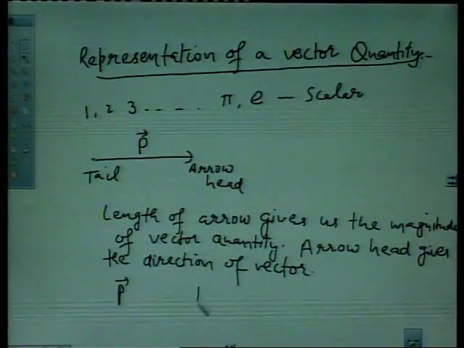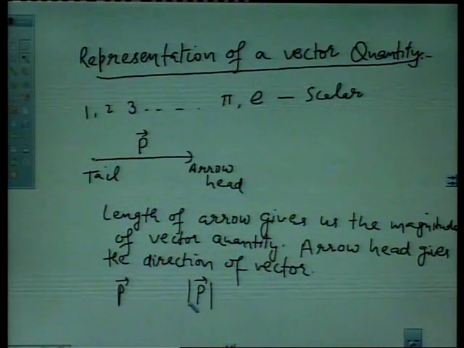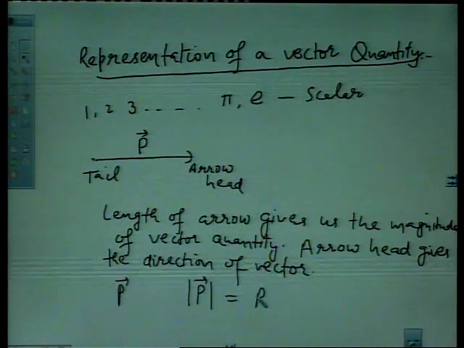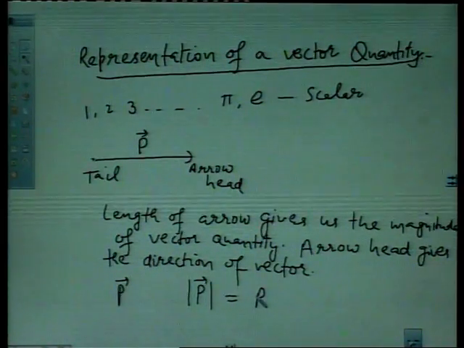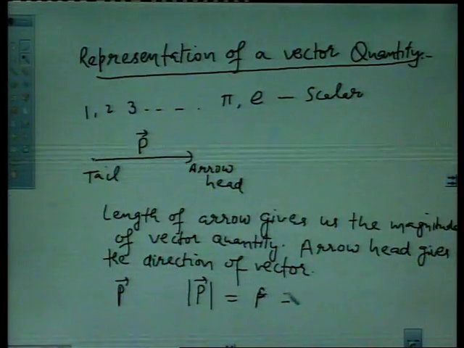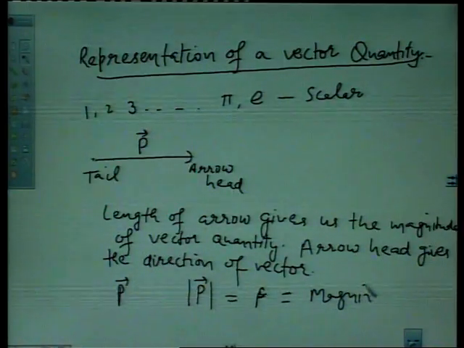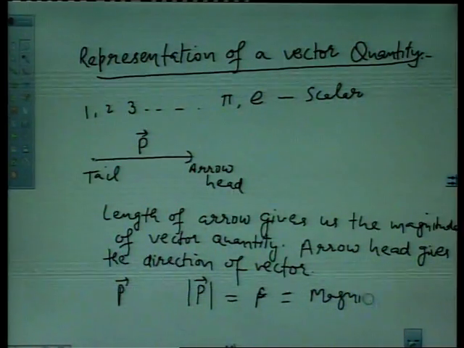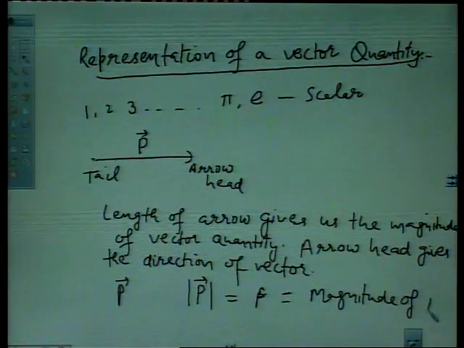So if we take p vector magnitude mod, it gives the value of this vector quantity. So p vector mod is equal to simply a number which is p. This gives the magnitude of p vector.